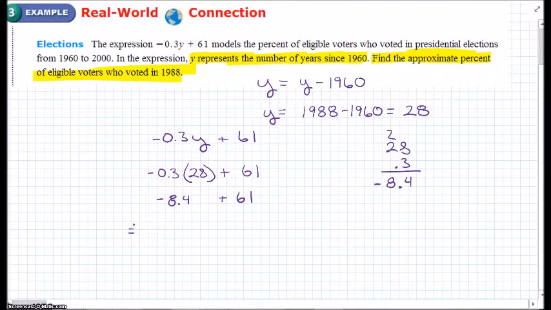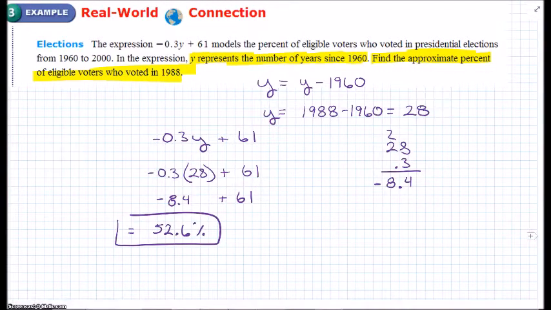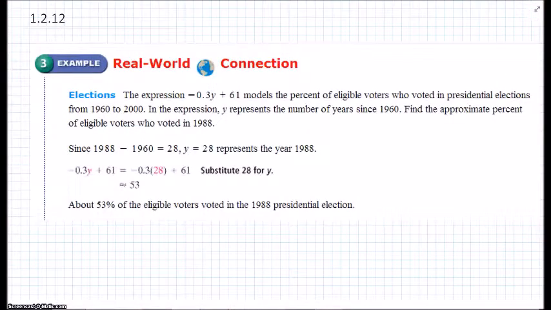Okay, so if you do the math there, you're going to have 52.6%. Okay, moving on.